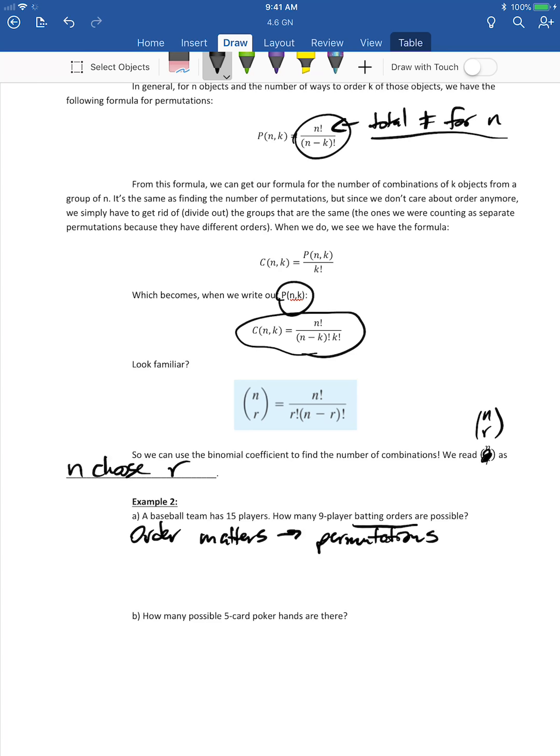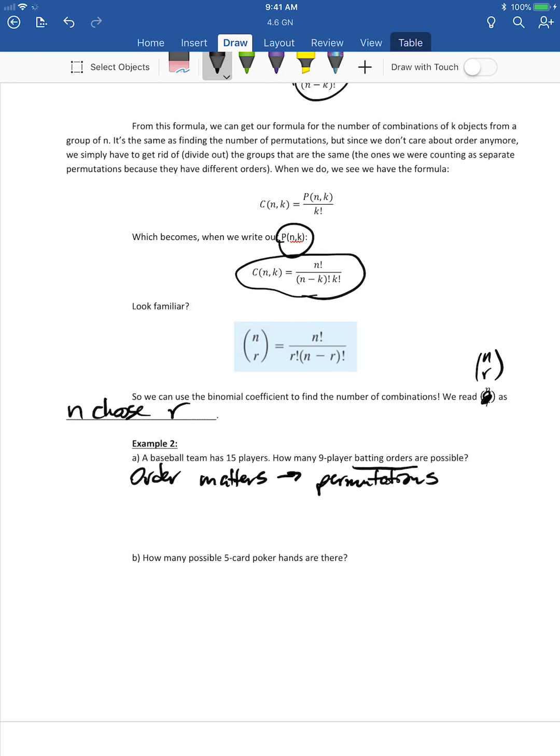So I use my permutation formula, n factorial over n minus k factorial. This is n, this is k. n choose, well, it's not n choose r, because that's for combinations.